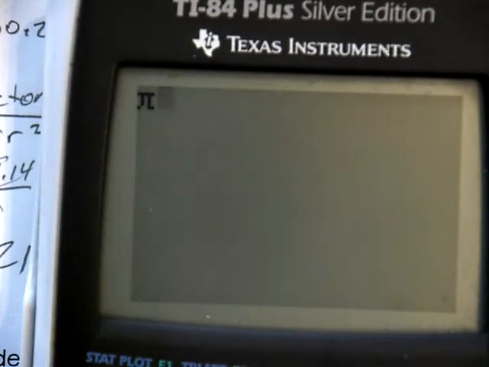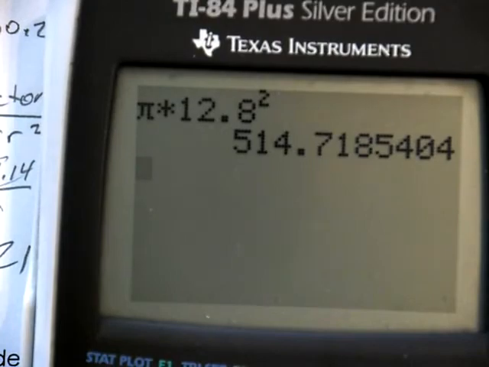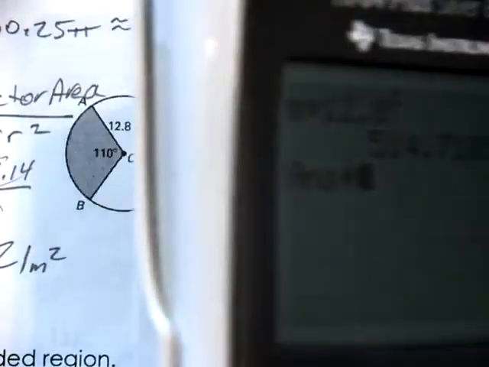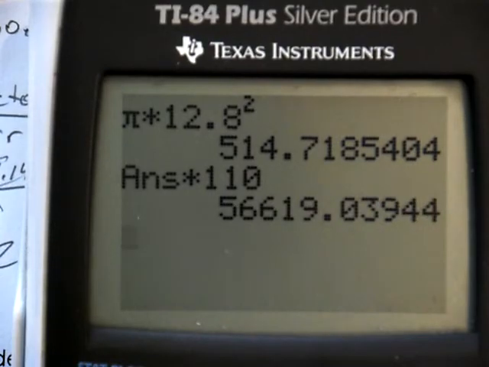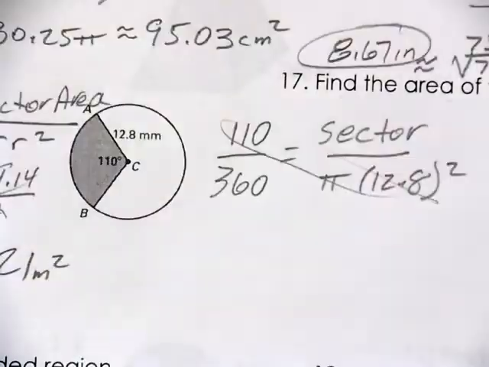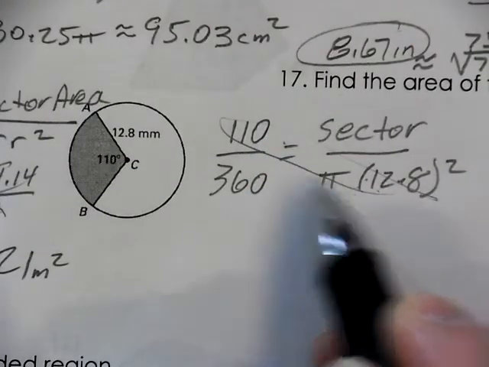Pi times r squared times 110 gives us 56,619. That's these two multiplied together. Then we divide it by 360.